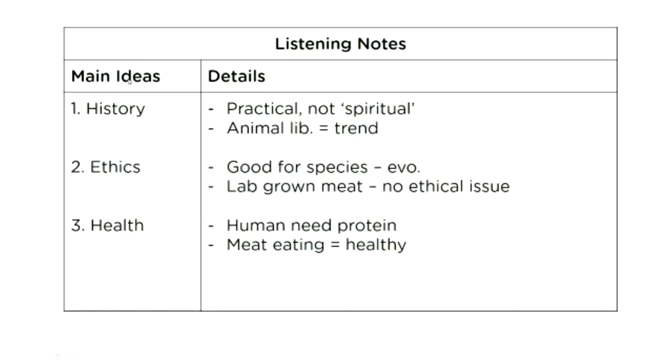And the lecturer gives 3 reasons. There's the historical reason, the ethical reasons, and the health-related reasons. Usually the lecturer and the reading passage are going to talk about 3 main ideas. And then they're going to explain more information and elaborate on those main ideas. That's what we call details. And they're going to go on your right-hand side.